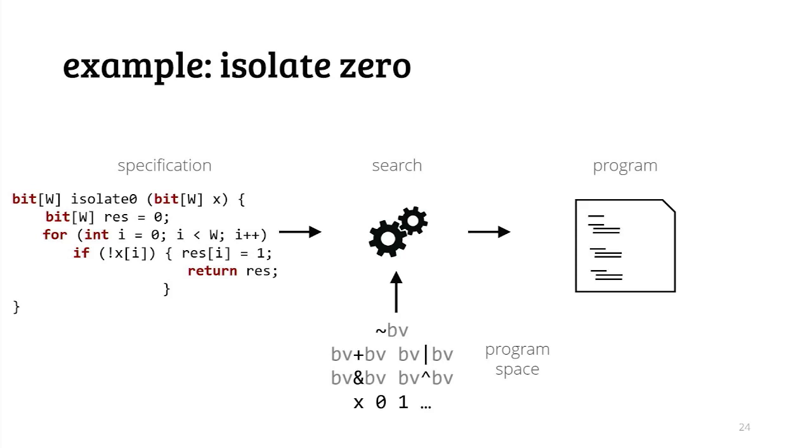The only things you're allowed to use are the input and constant bit vectors, but also things like bitwise negation, plus, bitwise OR, and XOR. So you're only allowed to use simple expressions. And then the question is, can we even do it? What is the program that can do it?